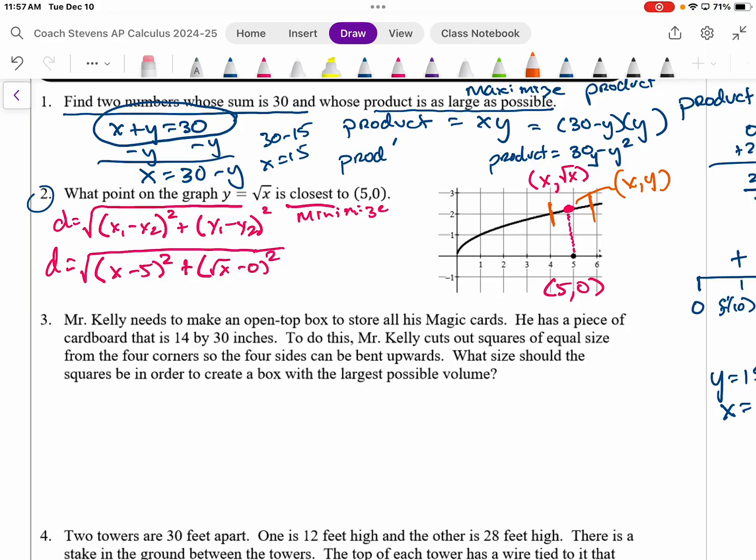So we just did that step a little bit sooner, when we found what y was in terms of x earlier. So now we don't have to put it in. We've already got it that way.